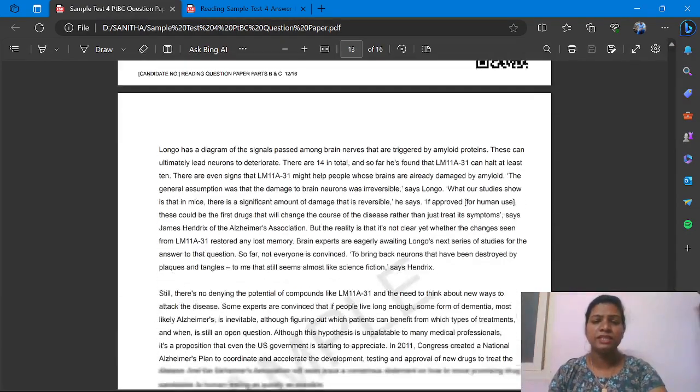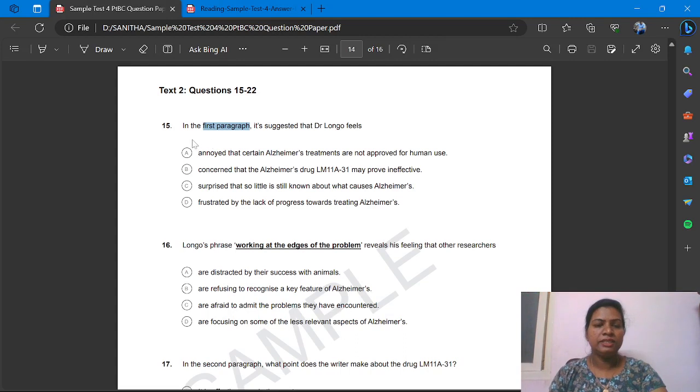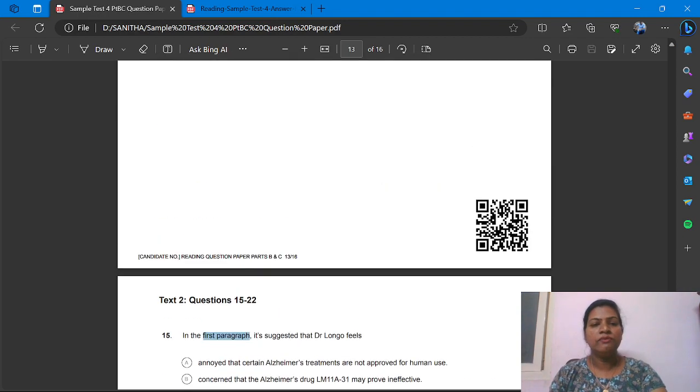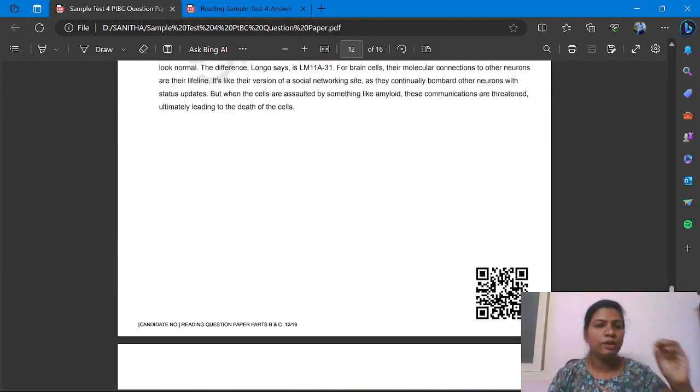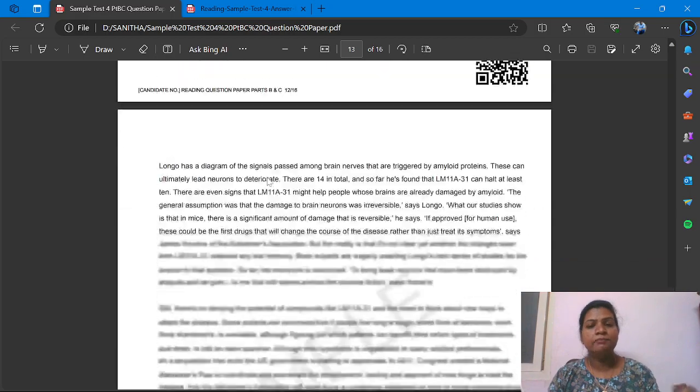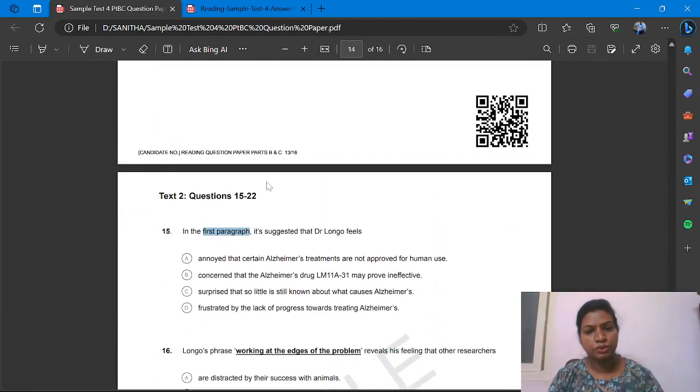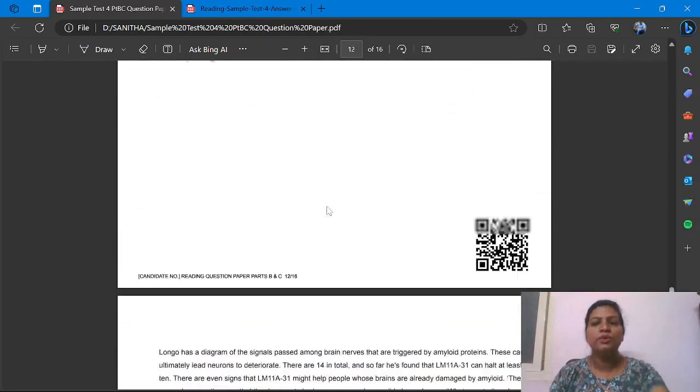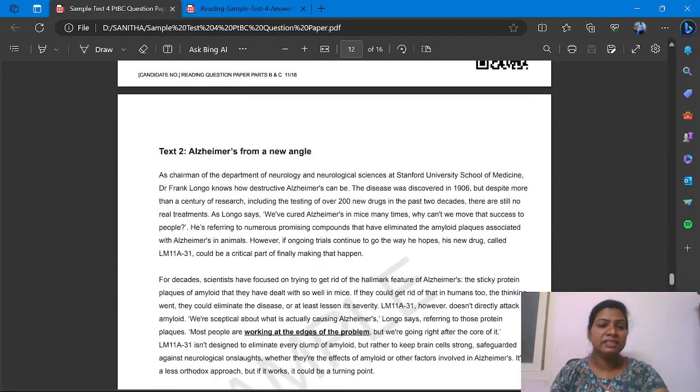Let's begin. This is the first question: in the first paragraph, it is suggested that Longo feels. When you get the question booklet, don't jump into the first question. First, read the title. What is the title saying? Alzheimer's from a new angle. This article is talking about Alzheimer's from a new angle.